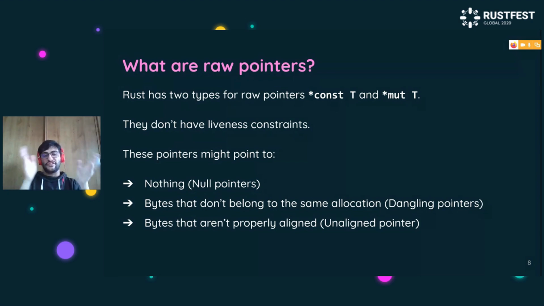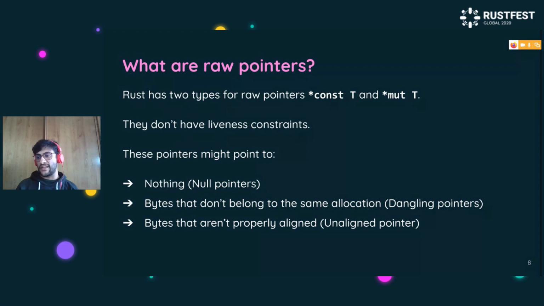For example, you have a pointer between u64s and you just moved 16 bits instead of 64 bits, you will end up reading in-between values. That's an unaligned pointer. So those are raw pointers. You can do a lot of nasty stuff with them. We are not sure why that's wrong really right now. We will go into that later.